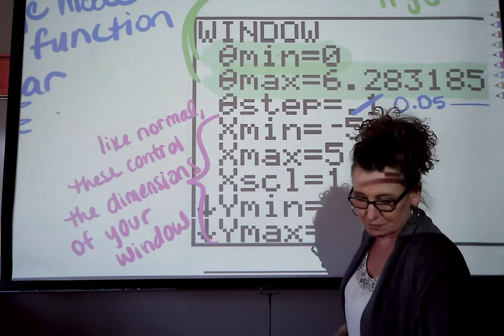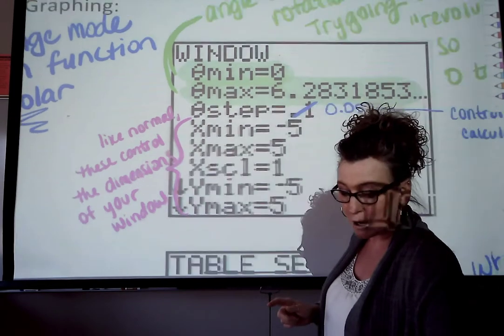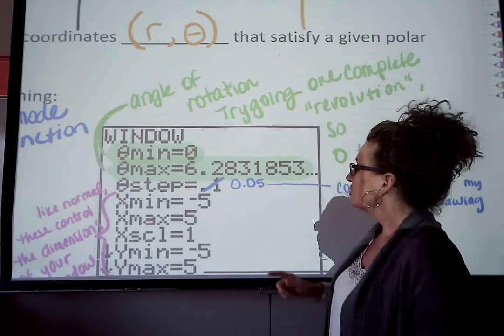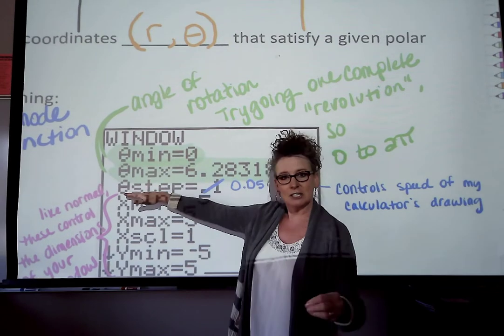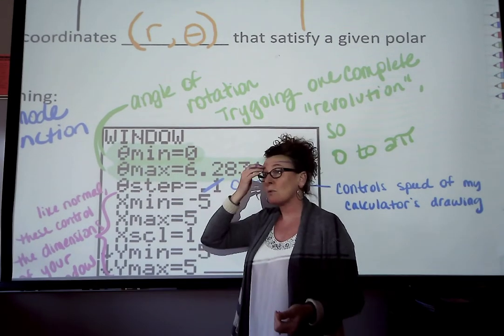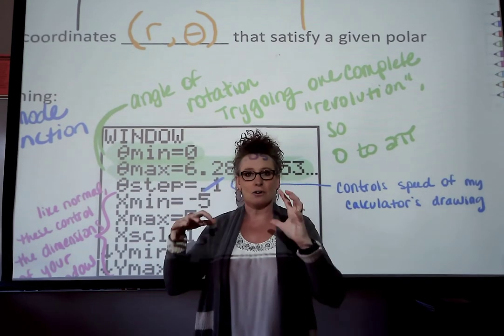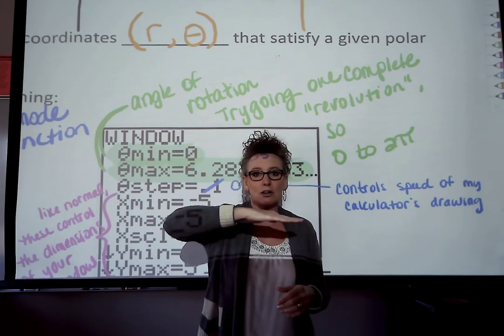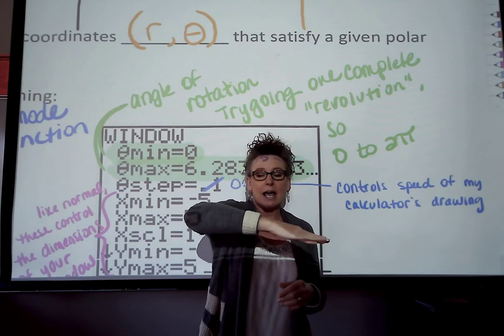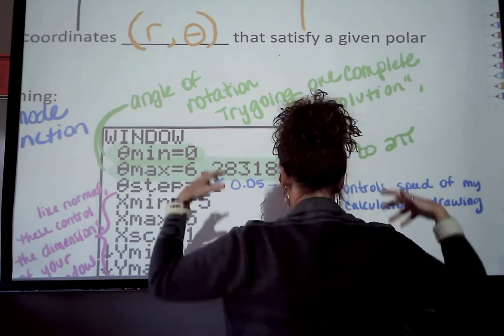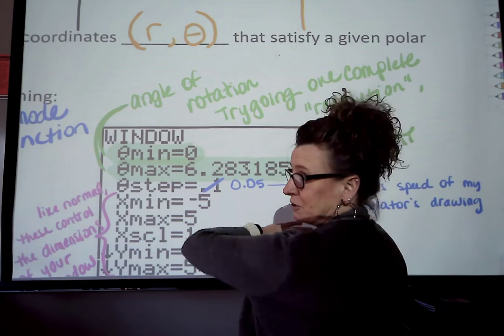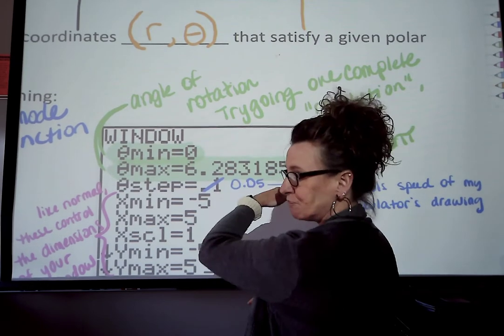Here's what's new. Because you switched to polar mode, you now have thetas to deal with in your window. So what we're going to do is look at how the graph looks when I start my angle at 0. Picture the graph that you're used to. Don't we go from 0 to 360?